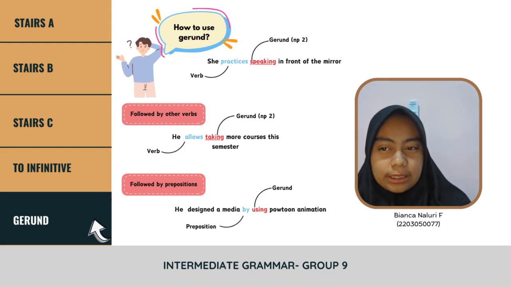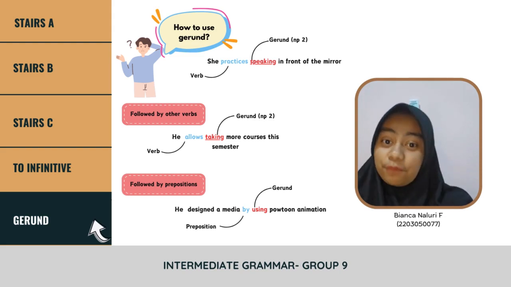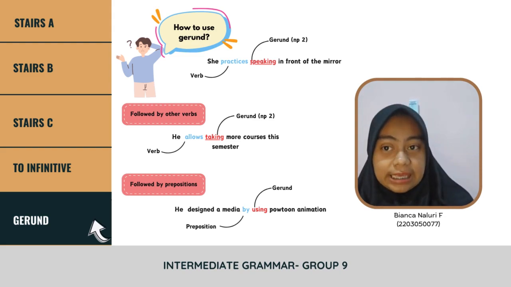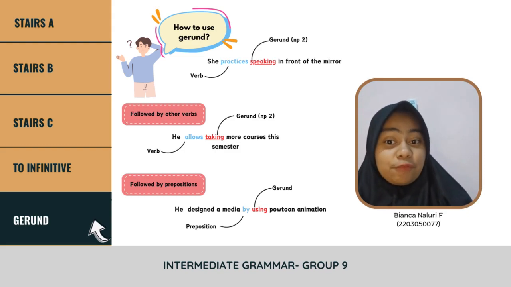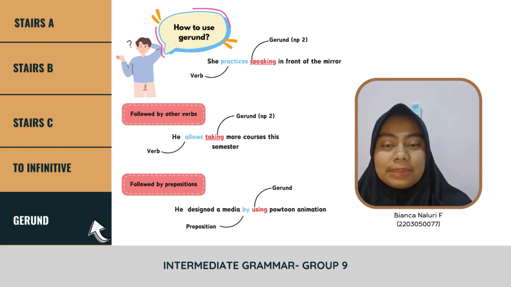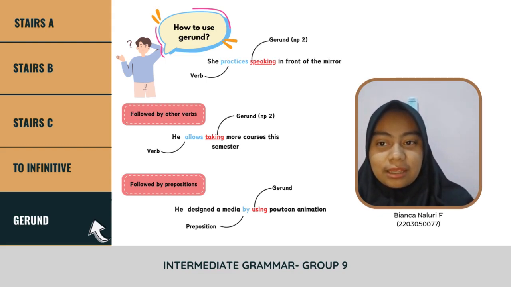So she here will be the noun phrase one, or what we are familiar with as the subject, and then practiced here is a verb, and then speaking here actually should be a noun, because after the verb it should be noun phrase one or noun phrase two. But here they use speaking.